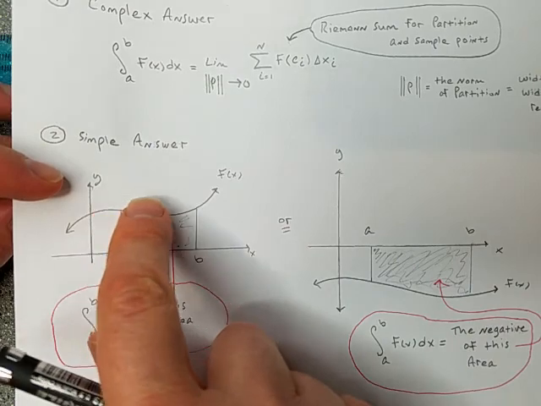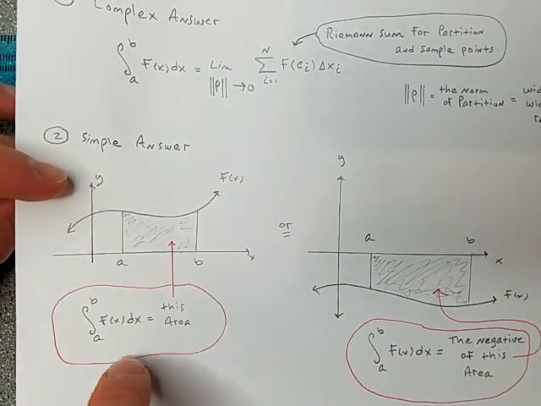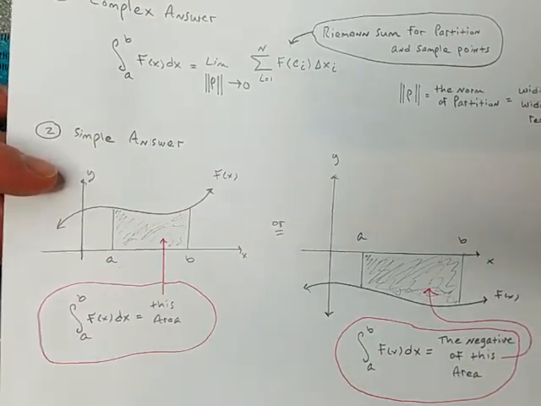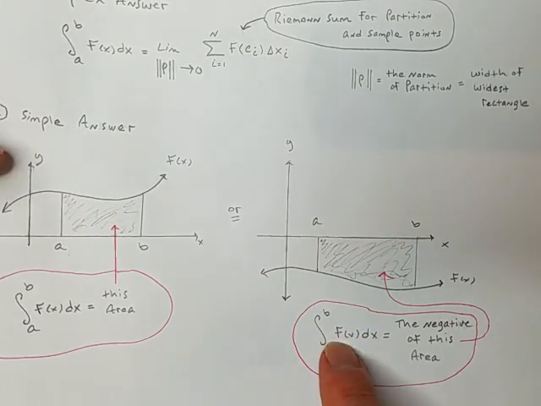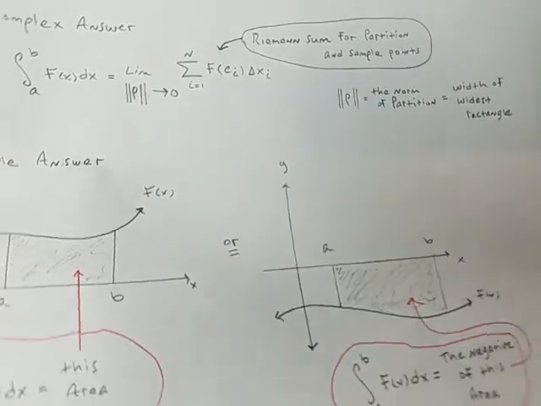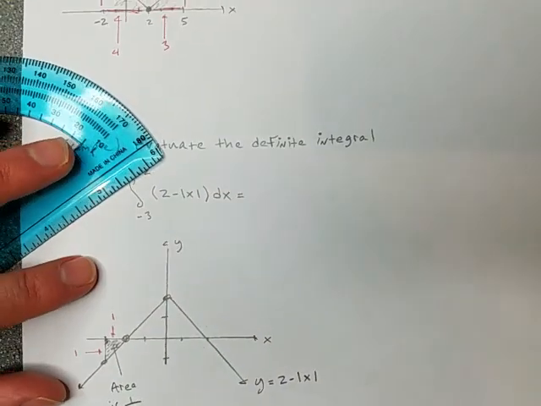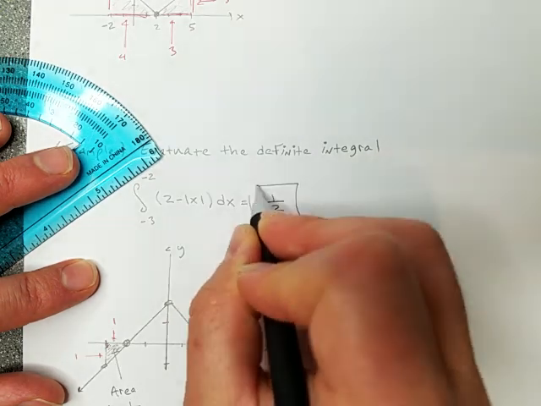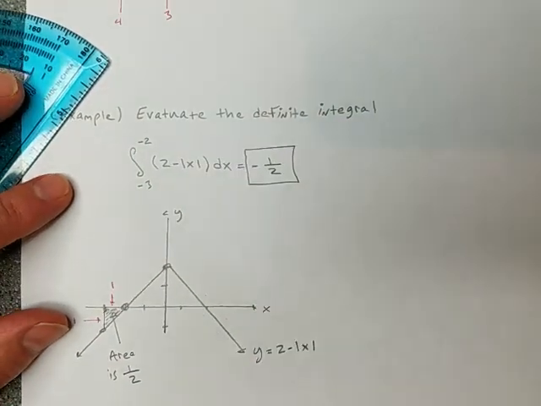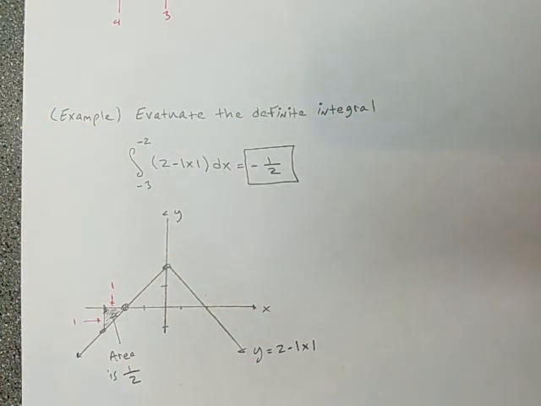In the case where the curve is above the x-axis from a to b, the integral is the area so contained. In the case where the curve is under the x-axis from a to b, the integral is the opposite of the area that's contained. So it would be negative 1/2. All right, negative 1/2. Okay, so that's both interpretations then.